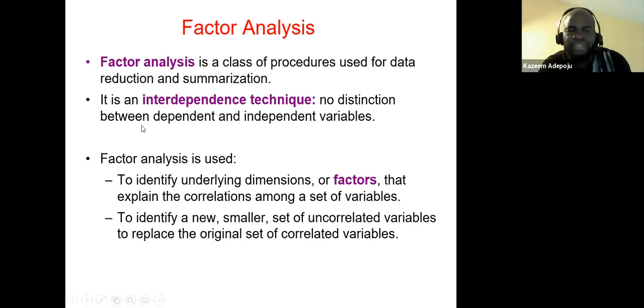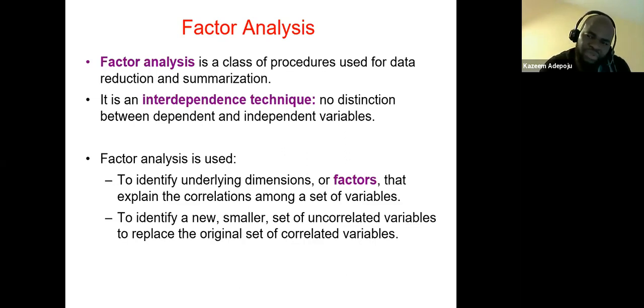Now, it is an interdependence technique. What do I mean by interdependence technique? You remember when I started this course, I was talking about how some variables are interdependent, some variables depend on others. What we mean by that is there is no clear distinction between the response and the input variables. We cannot really say which one is dependent.